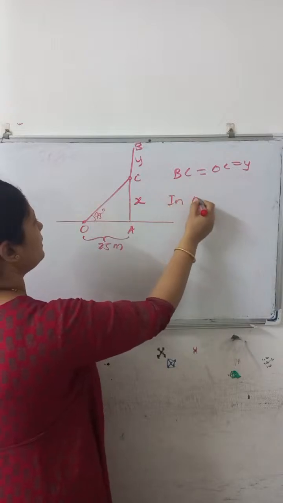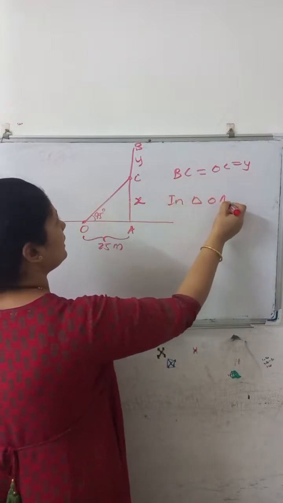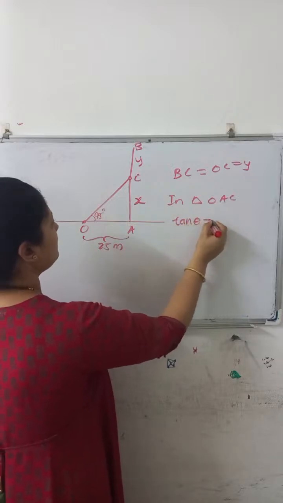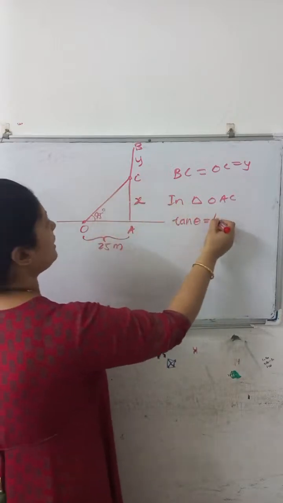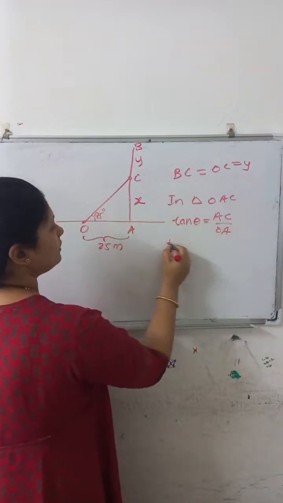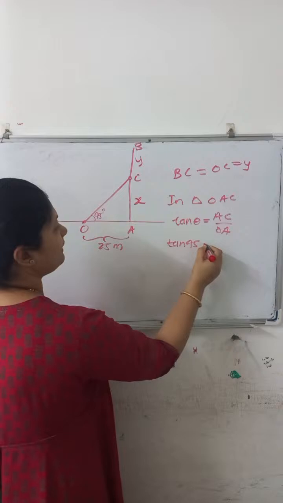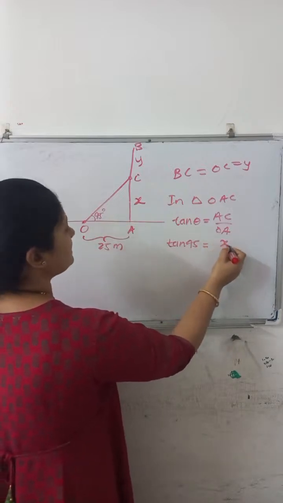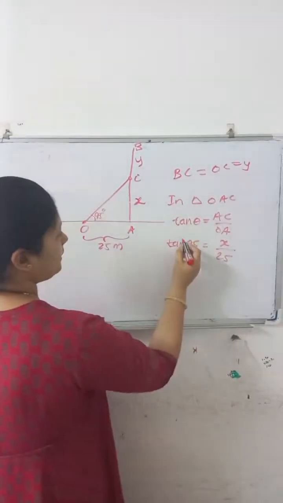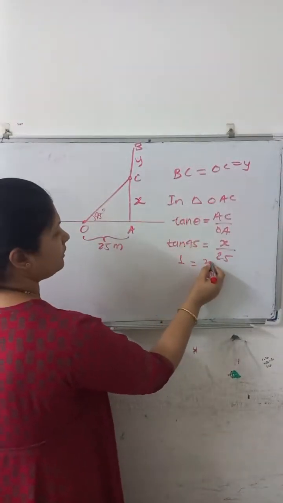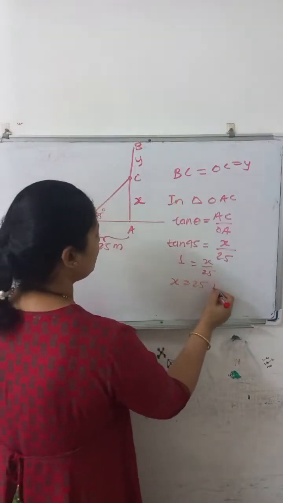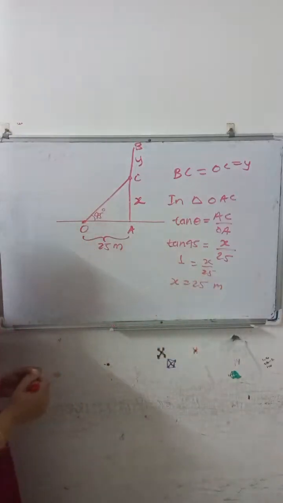In triangle OAC, can you apply tan theta? Tan theta is opposite upon adjacent, AC upon OA. So tan 45 is equal to x upon 25. Tan 45 is 1, so x by 25 is 1, so x is equal to 25 meter. So I got x as 25.